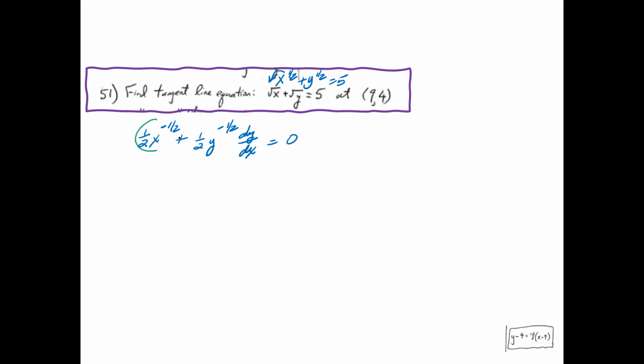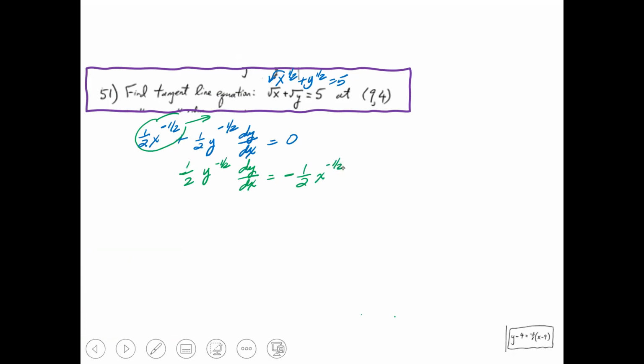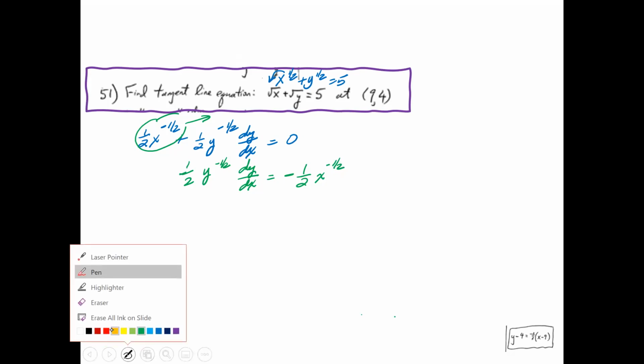Then I'm going to go ahead and move this over to the right side. So I have 1 over 2 y to the negative 1/2 dy over dx equal to a negative 1/2 x to the negative 1/2. And at this point, I don't like the fact I have a bunch of negative 1/2, so I'm going to rewrite them.